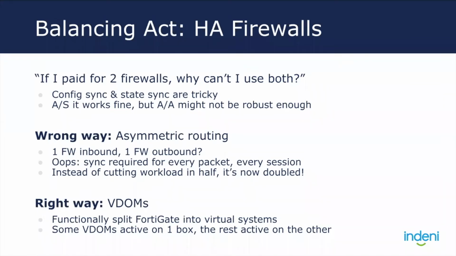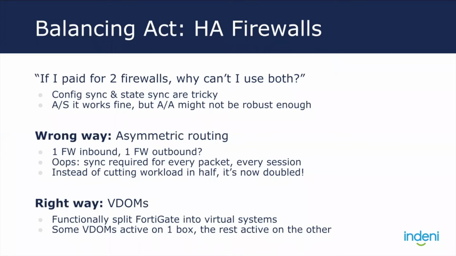With VDOMs, in this case, since there are, I believe, 10 that come for free, set up a number of VLANs on the inside interfaces, in some way split that traffic, and then set it up so that some of the VDOMs are active on firewall A, and the other VDOMs are active on firewall B, so that you've got active standby for half the traffic and active standby for the other half of the traffic, split out by the virtual domains.